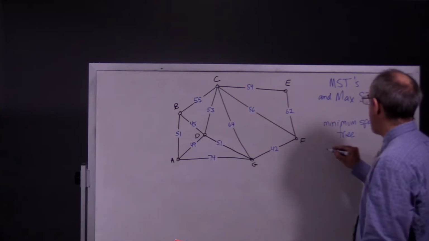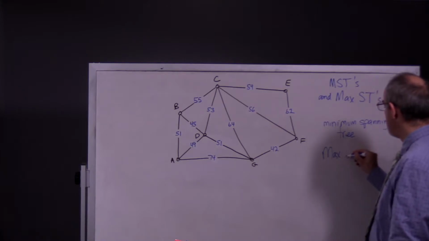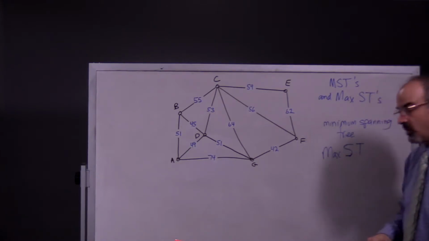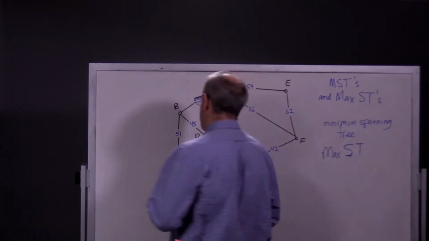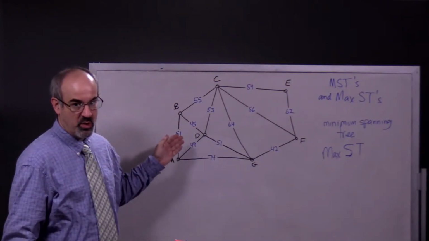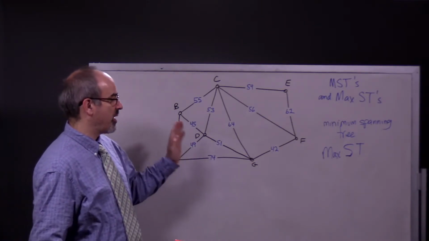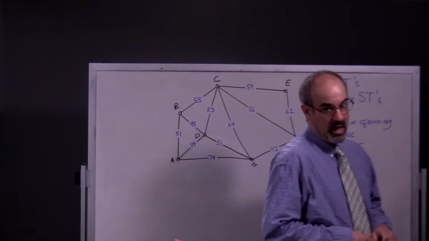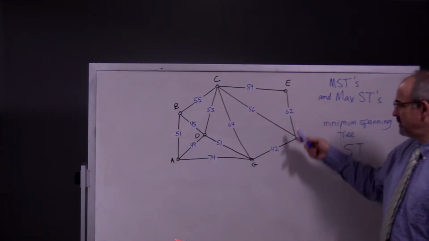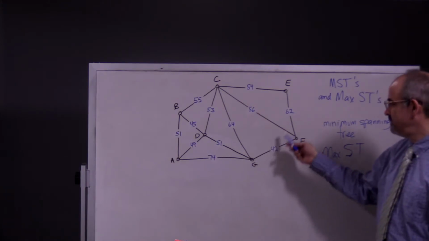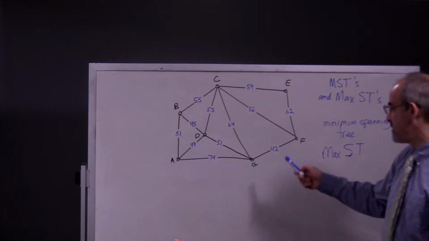Why would you want to make a MaxST, or a maximum spanning tree? Well, these numbers might represent, let's say, if the cable being laid was for phones, how much money the phone company would make by having these different connections.